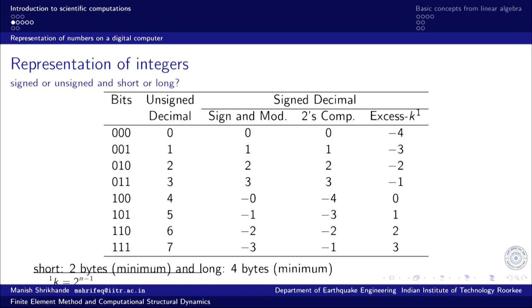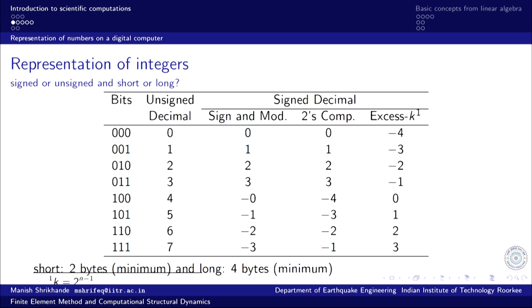The second column is the unsigned integer in the decimal number system. With 3 bits, that ranges from 0 to 2 raised to the power 3 minus 1, that is 0 to 7, a total of 8 representations, 2 raised to the power 3.